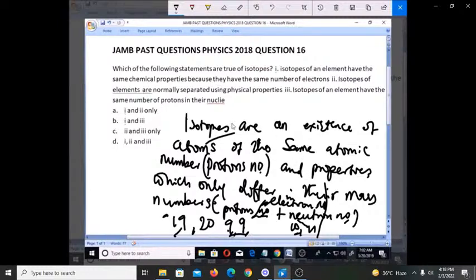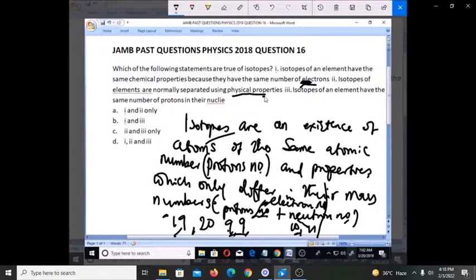So from this we can easily pick out the answer, because I says isotopes of an element have the same chemical properties because they have the same number of electrons. Yeah, because their proton number, like I said, is equal to electron number. That means isotopes have the same number of electrons. So I is correct. Now, isotopes of elements are normally separated using physical properties.